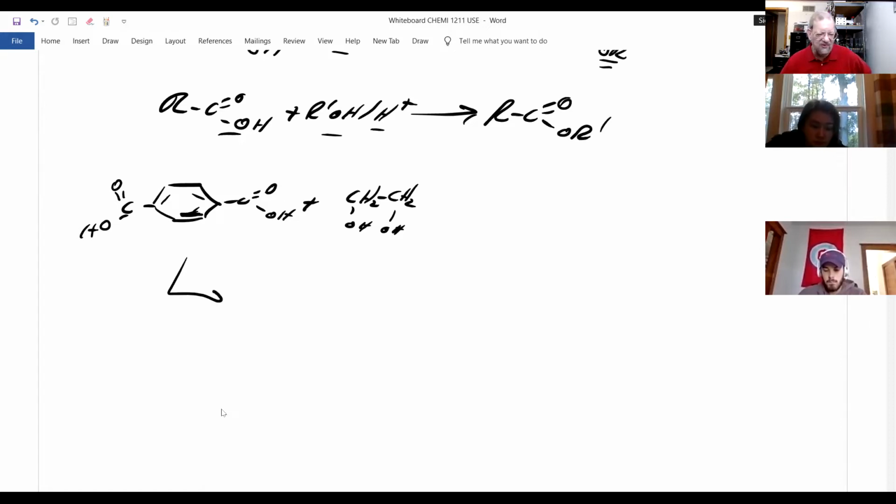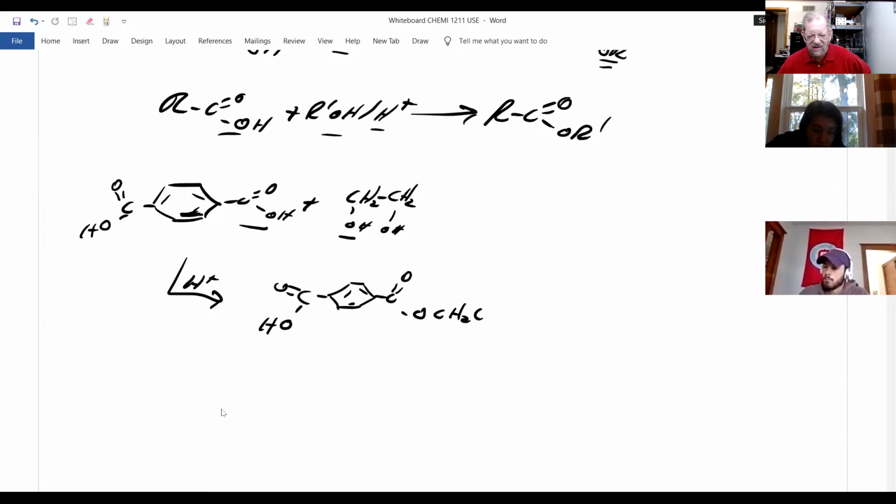If you take this and react it in acid, here's a carboxylic acid, here's an alcohol, and I've made this ester right here.